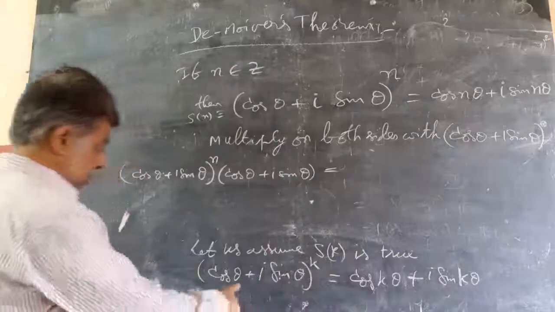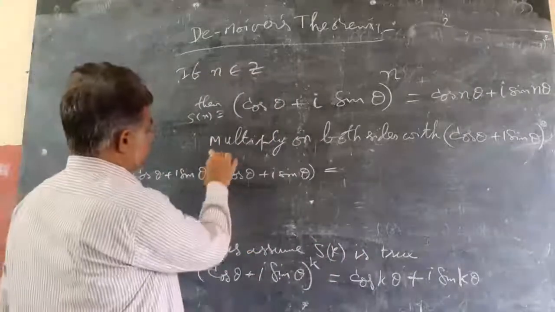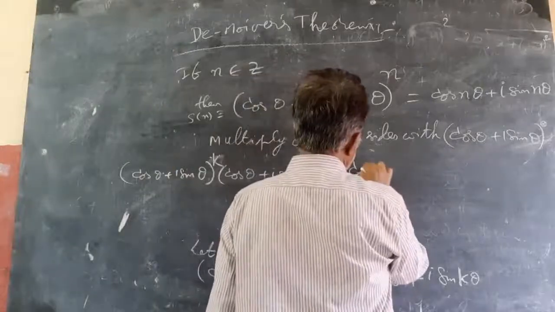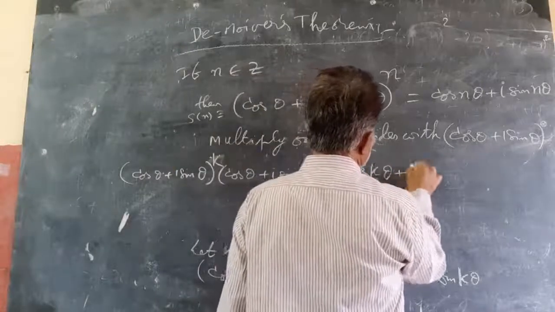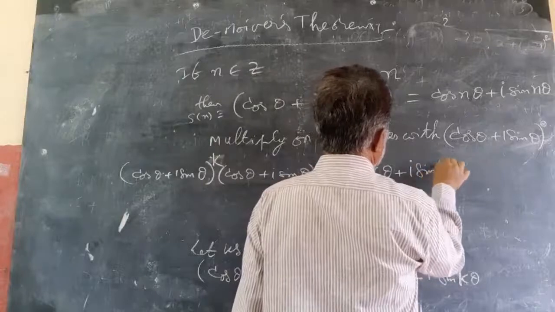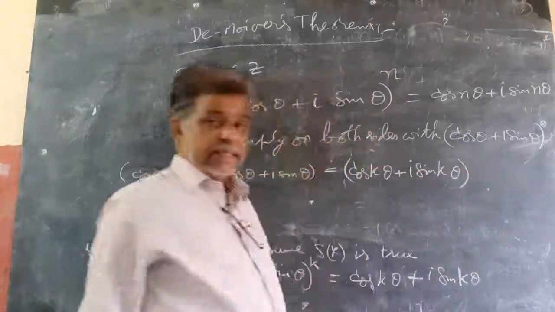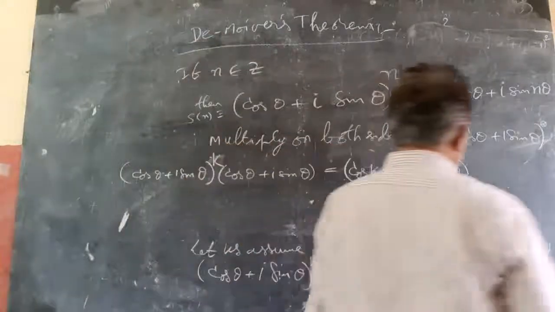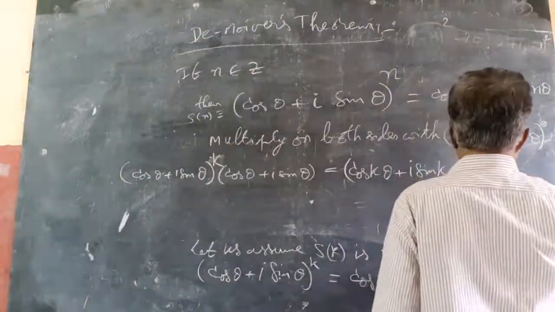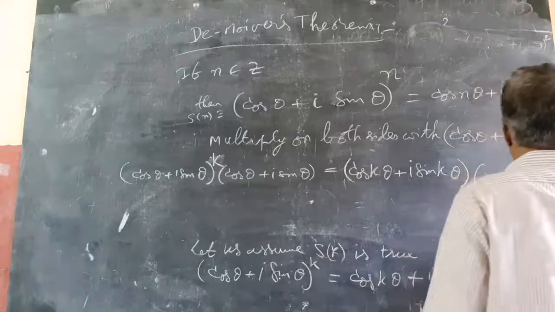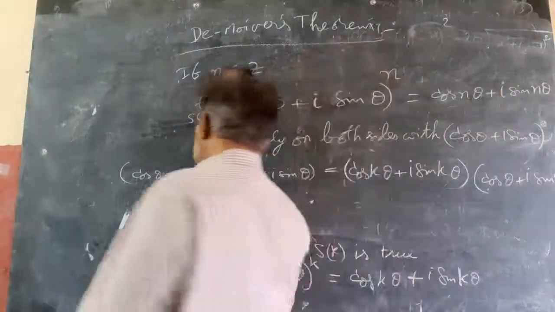Here, instead of n I am taking k, so whole power k equals cos k theta plus i sin k theta, into (cos theta plus i sin theta).